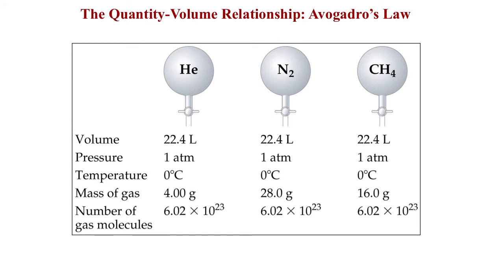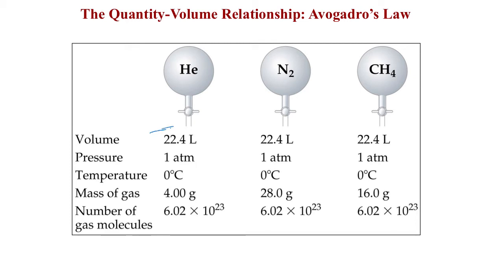So this graphic is just showing us we've got some helium, some nitrogen, some methane gas. We're at 1 atmosphere and 0 degrees Celsius. And we have 22.4 liters of each gas.